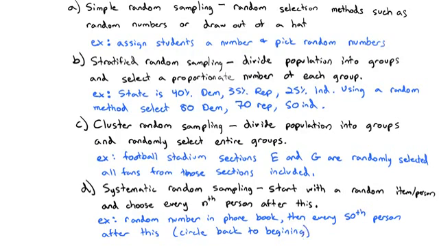And go all the way through and back to the beginning and back to where I was, taking every 50th person. Those are our 4 random sampling methods that you should be able to identify for this course.